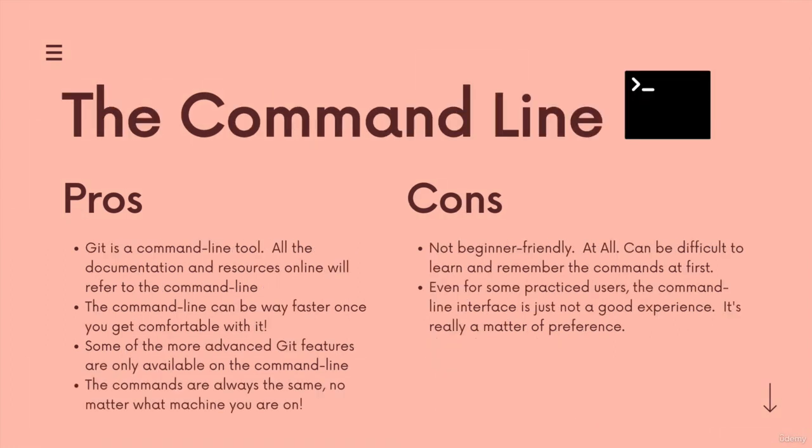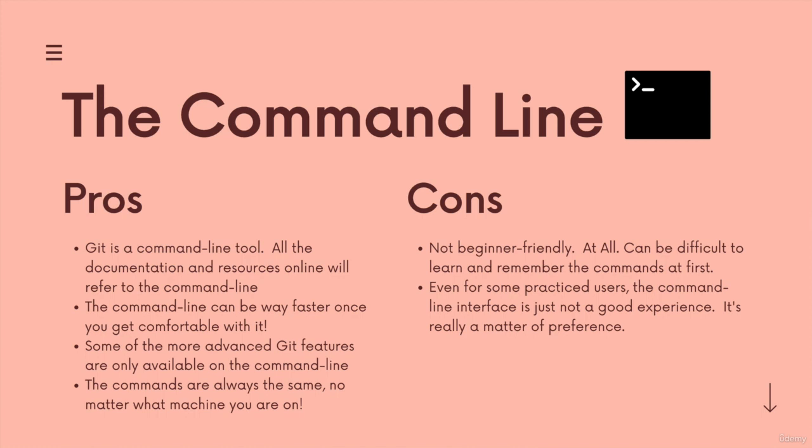However, the command line has a lot going for it as well. If you can get past the fact that it's not beginner friendly, it's ugly, and it's often not the best experience if you're designing it from scratch. If you can get past those cons, it can be a lot faster once you get comfortable. There are some features that you can really only do or interact with on the command line. Git features, but also a whole bunch of other features.